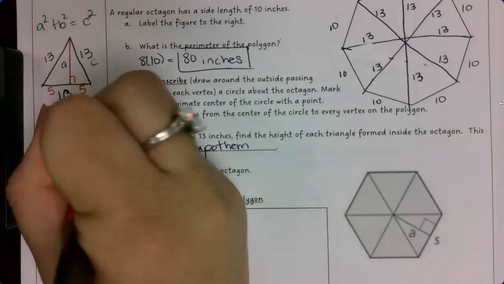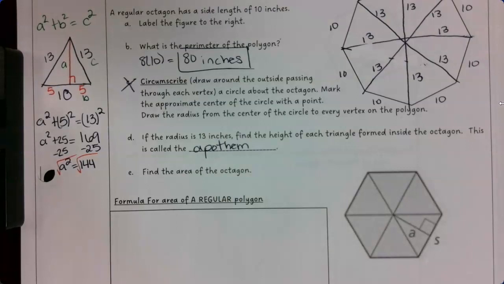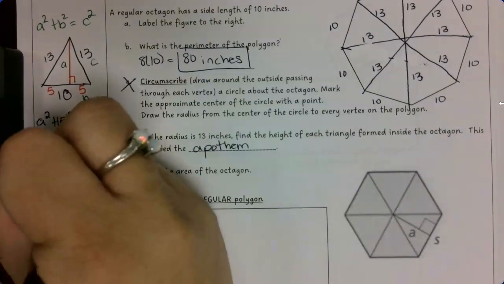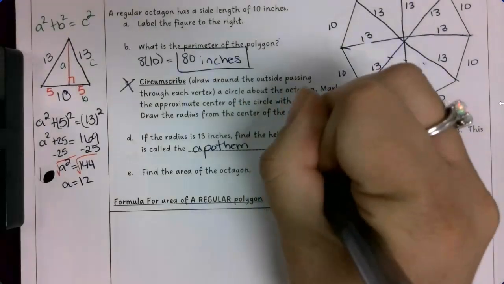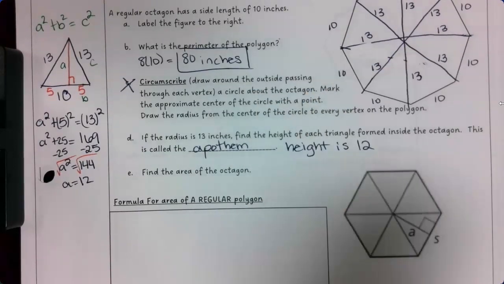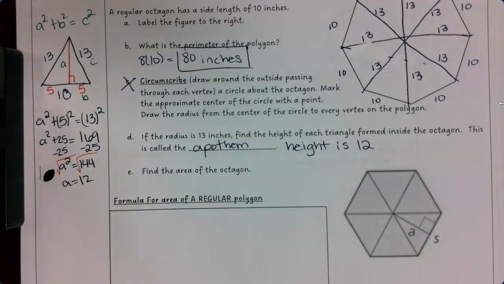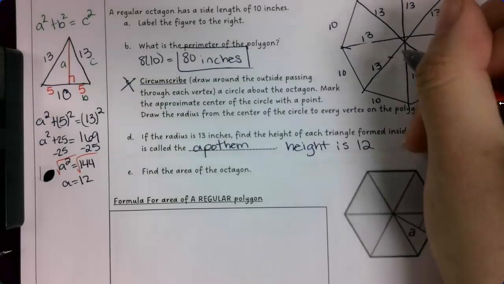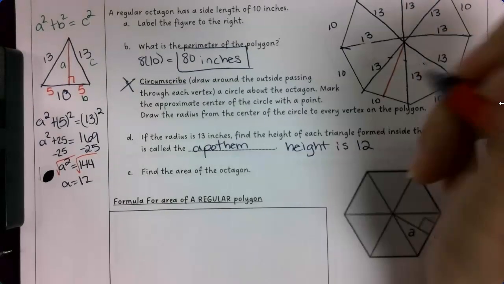And if I take the square root of 144, it gives me 12. So my height is 12. So I'm going to go ahead and just draw it on one of these triangles.